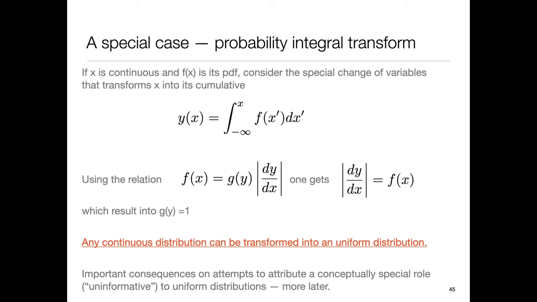You remember, the integral from -infinity to X of X. So if I apply the previous slide machinery to the special case in which my transformed variable is the cumulative of the variable itself, I get that the PDF of the transformed variable is the uniform distribution.